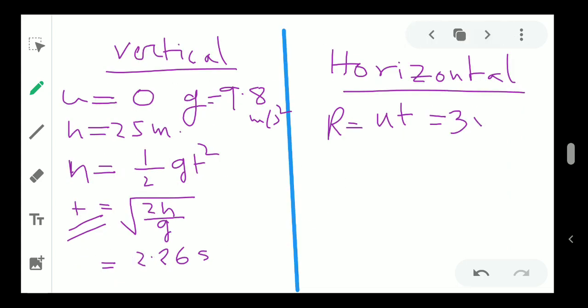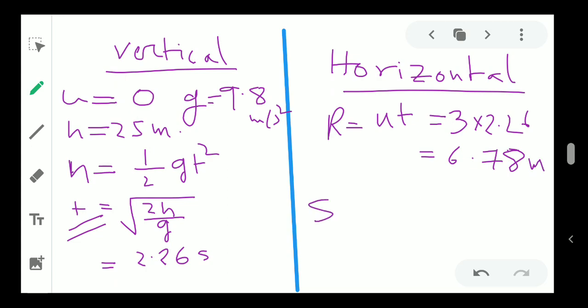And if I use this much, that is 2.26, so I will get almost 6.776, so I can take it as 6.8, so this much meter.